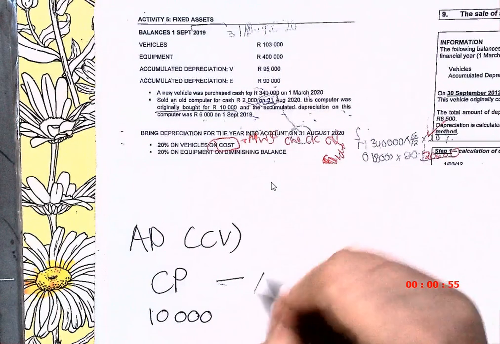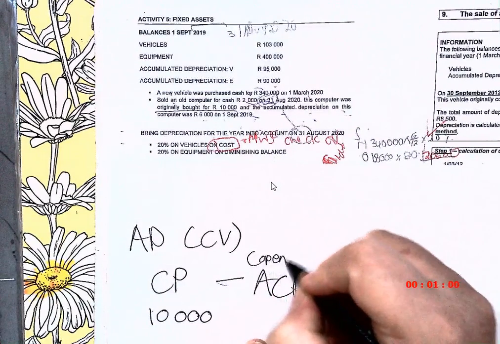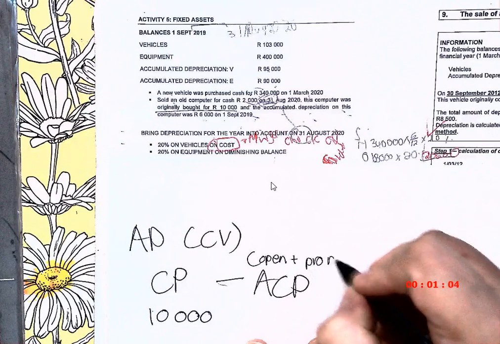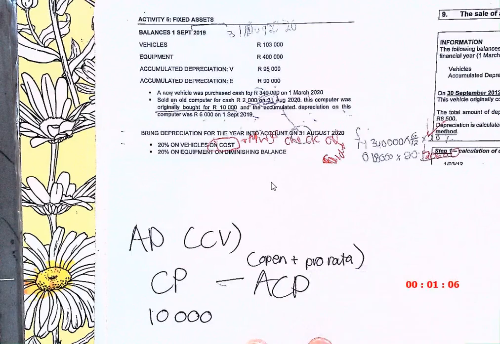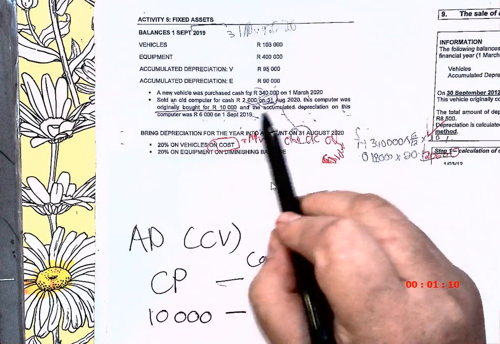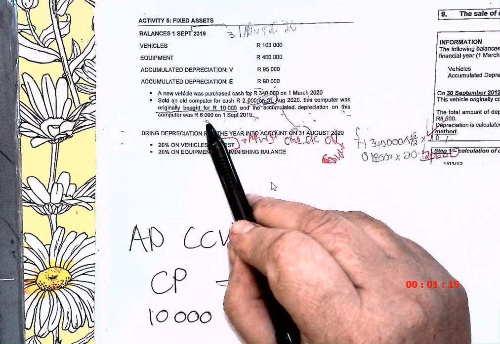And up to date, the accumulated depreciation would be the opening balance plus whatever is extra. I call it the pro rata. Okay, they give me the opening balance for accumulated is 6,000.